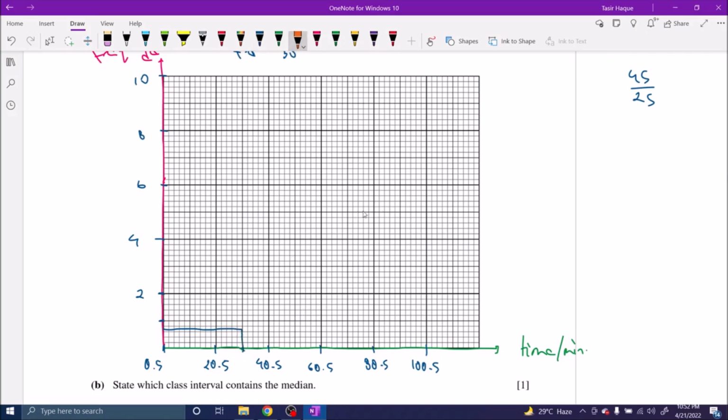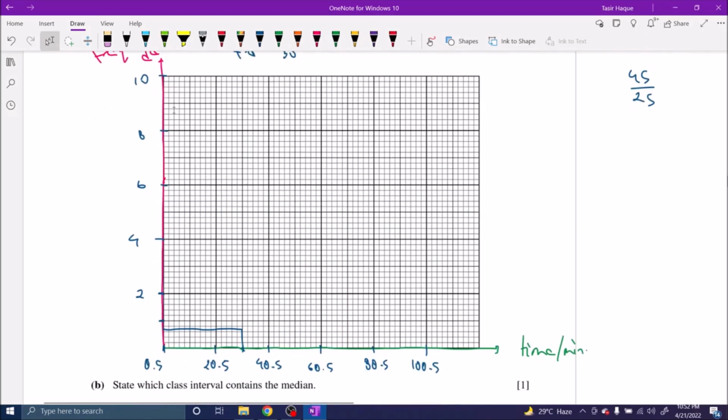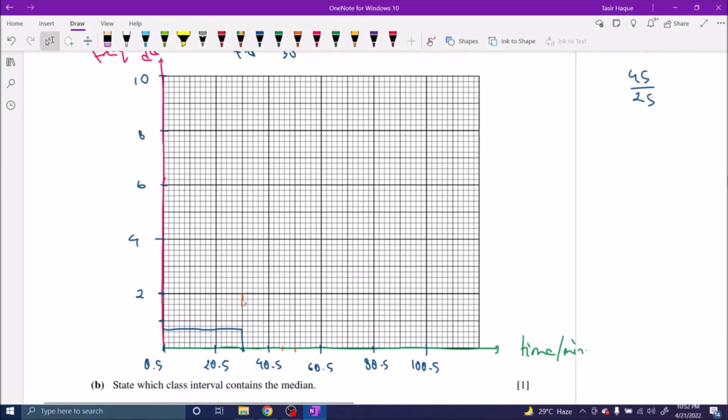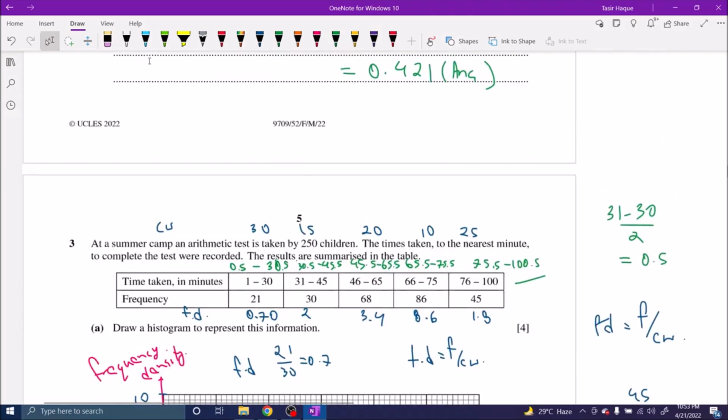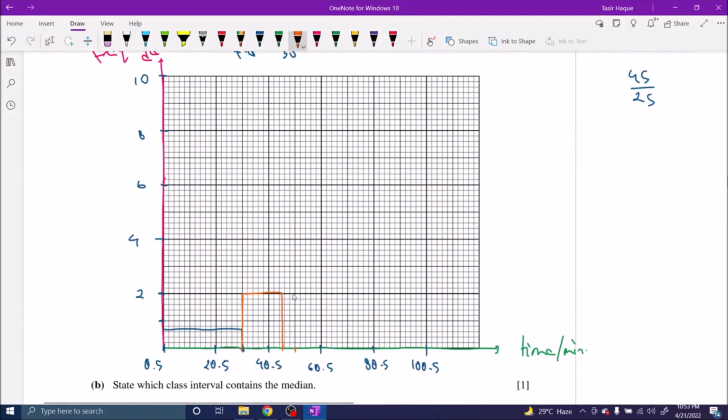Okay, for the next one, it's 30.5 to 45.5, which means here in the middle. Since this is 50.5, it's going to be in the middle. And the value is going to be at 2. Next, what about the last one? 45.5 to 65.5. Okay, it's going to be at 3.4.